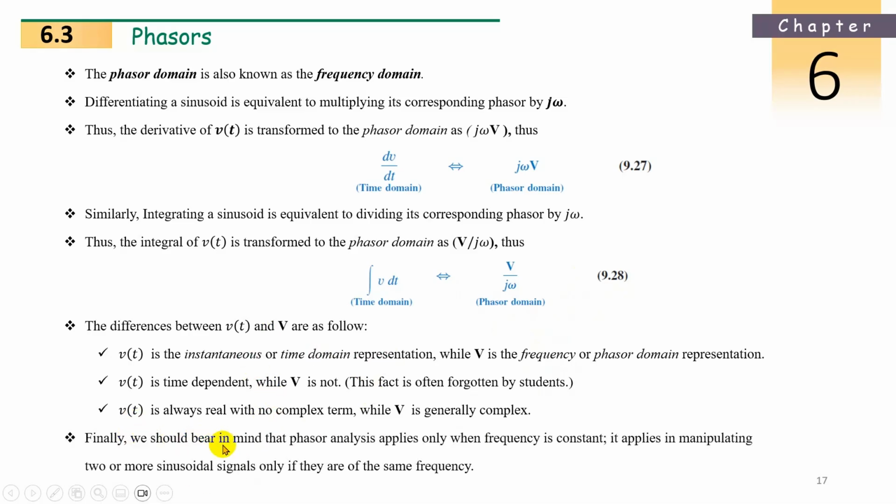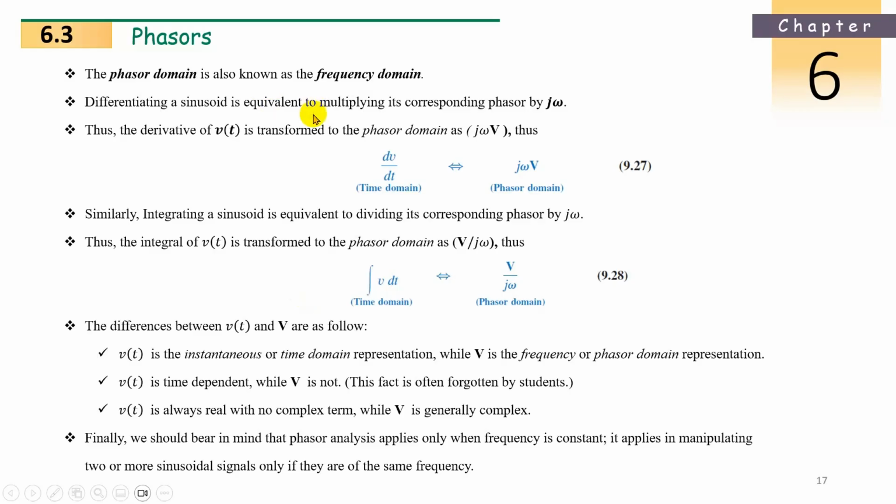Now, finally, we should bear in mind that phasor analysis applies only when frequency is constant. That's why when voltage is given, current is given, and the delay, the lead or lag phi is constant. It's not changing. Omega t, the time domain, is changing, varying from 0 to maximum to 0, but one waveform is starting at an angle of 0 and the other waveform at an angle of plus 30.